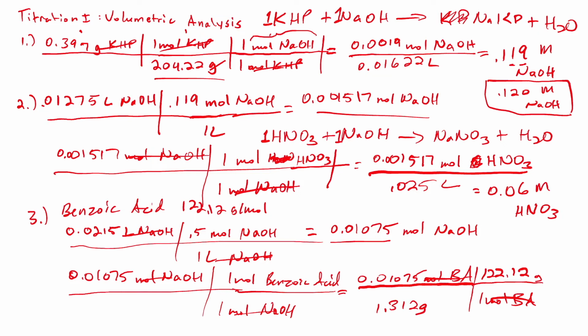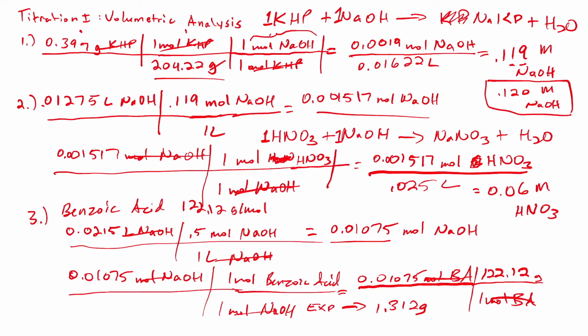That's really weird, right? Because to get the percent purity, you're supposed to do the amount that you got in your experiment, the grams that you got in your experiment, divided by the given number. And in the problem, the given number was 1.25. So in the experiment, you got 1.312 grams from the experiment, okay?